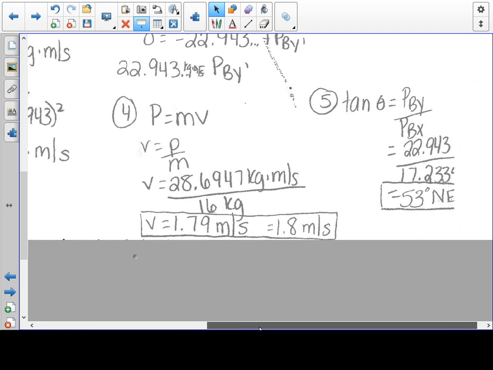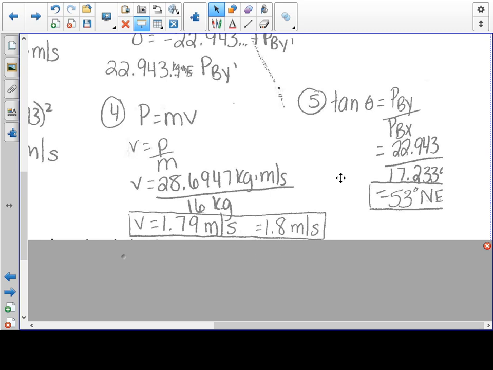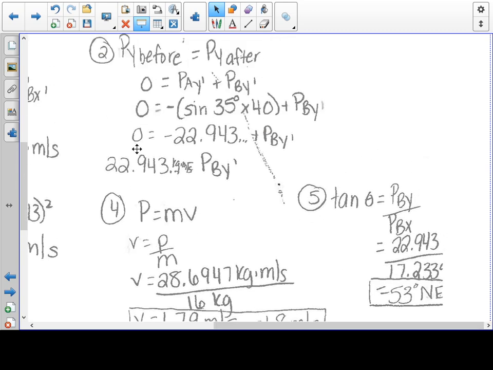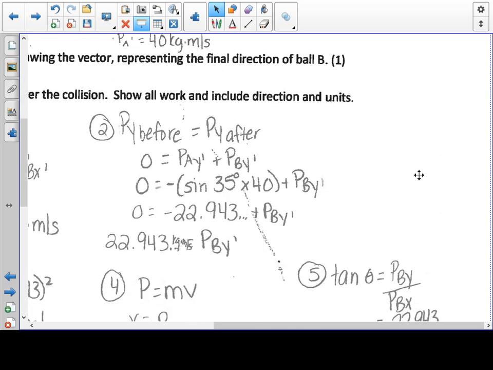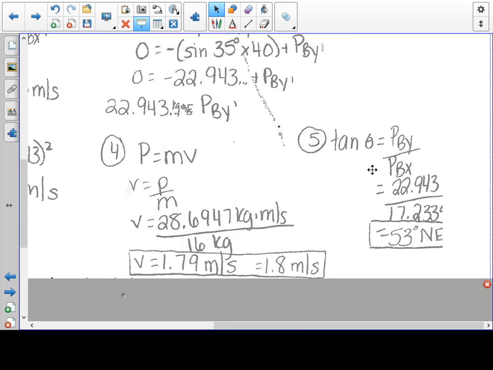Finally, we need a direction. So now we'll use our trigonometric ratio. And as I've mentioned before, the best practice is to use the tan ratio because the hypotenuse comes from a calculation of the opposite and adjacent sides. So in order to avoid causing additional errors, that's what we should generally do. So the momentum in the y direction was 22.943.